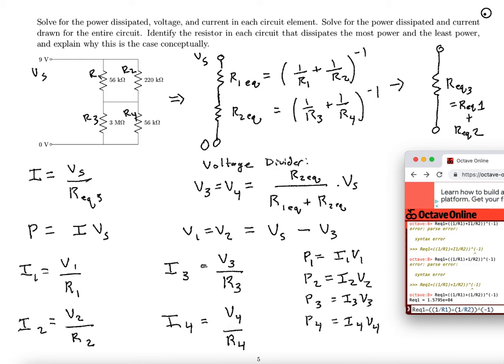Then for R equivalent 2, we replace with the 2 bottom resistors. Then for V3, let's do R equivalent 3 first. That's R equivalent 1 plus R equivalent 2.